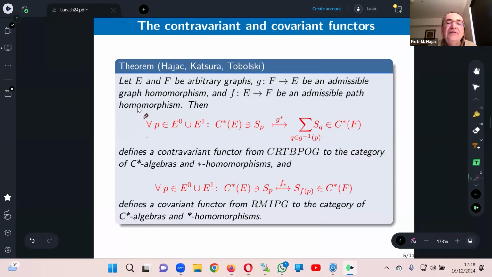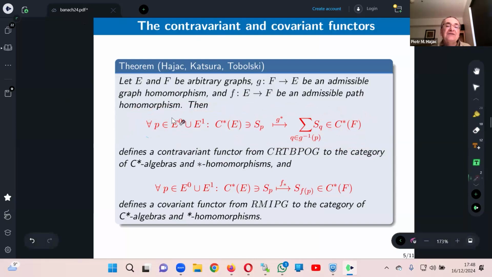Now it's okay. So that formula for the contravariant functor was written in the setting of topological graphs by Katsura, and Mariusz and I rediscovered it in the case of discrete graphs. But the situation is very clear.